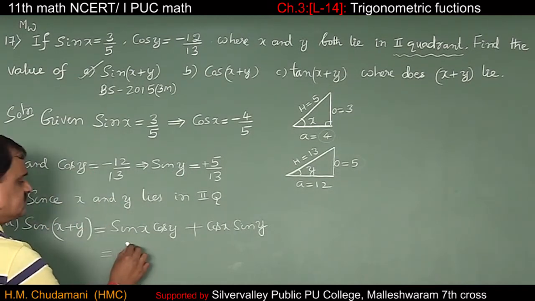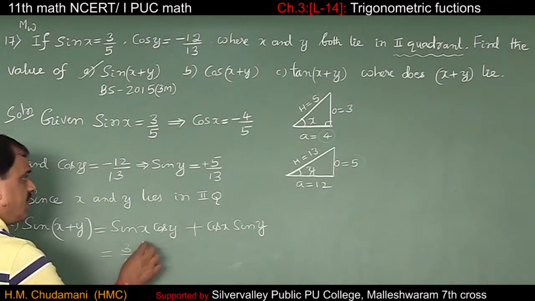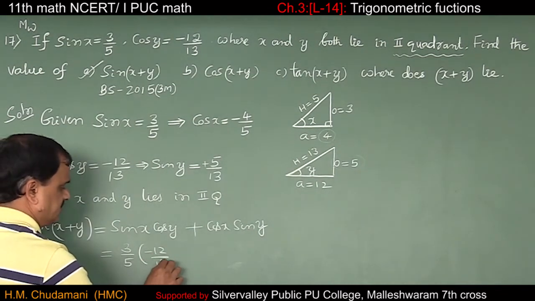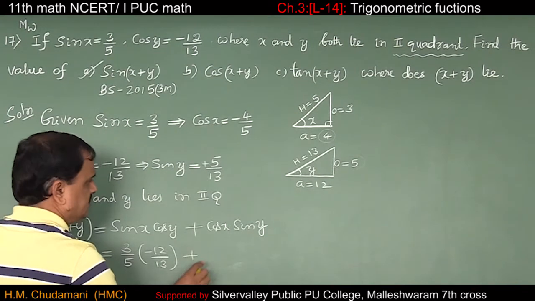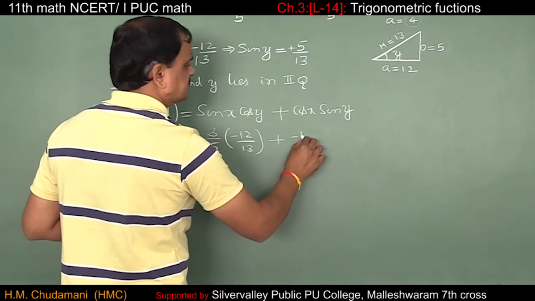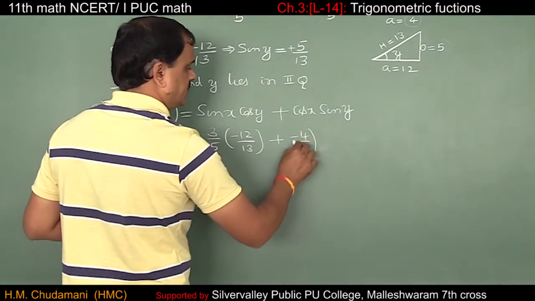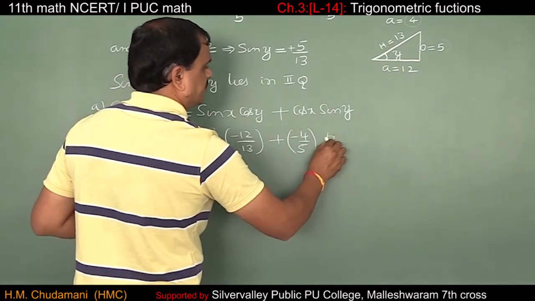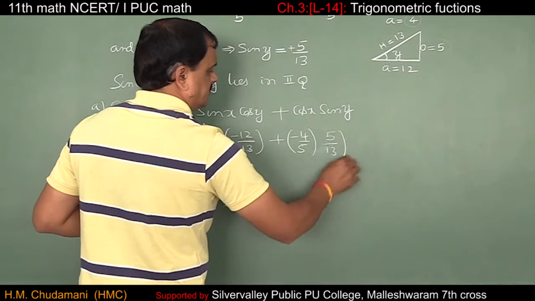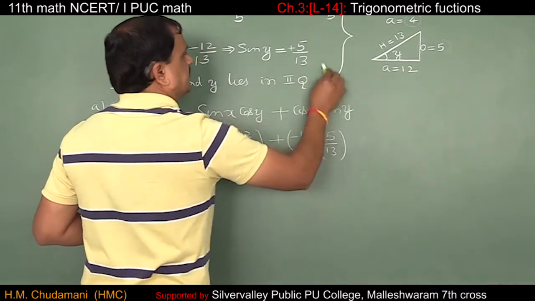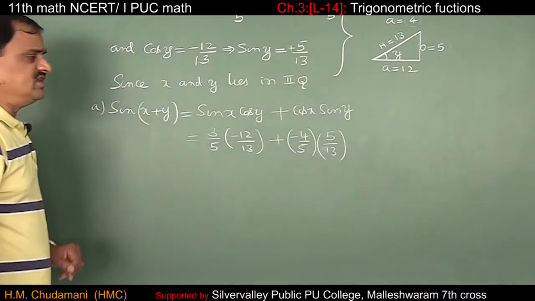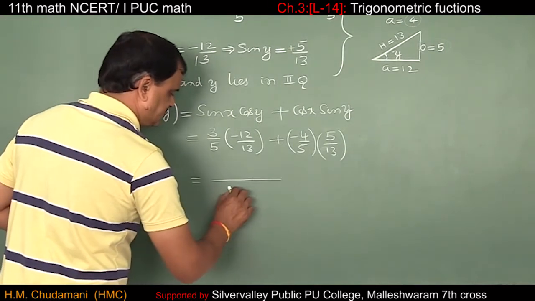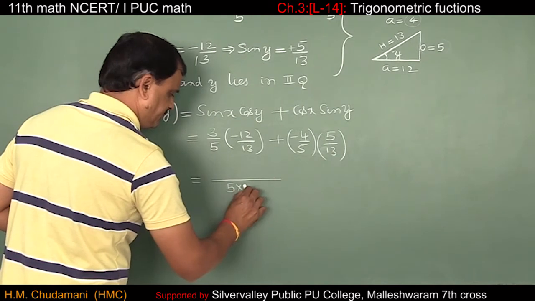Sin x is 3 by 5, cos y is minus 12 divided by 13, plus cos x is minus 4 by 5 and sin y is 5 divided by 13. That's how we obtain the cos x and sin y values. So now 5 into 13, 65 as the LCM.